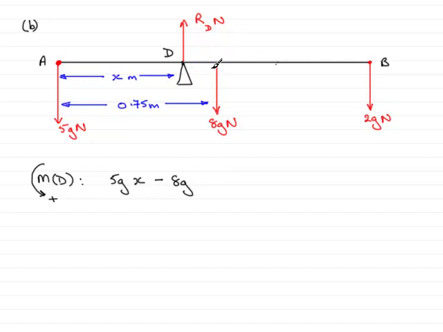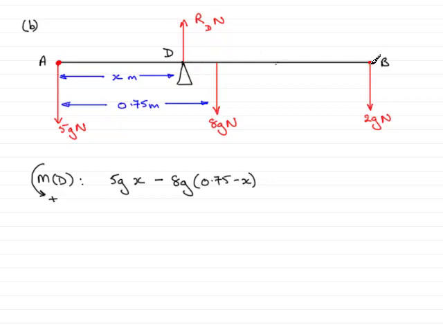That's this distance here. And what would that distance be? Well, we can see this is 0.75 and it's x up to here, so that's going to be 0.75 minus x. Then we have the 2g force, and so the moment about that would be 2g times that distance.